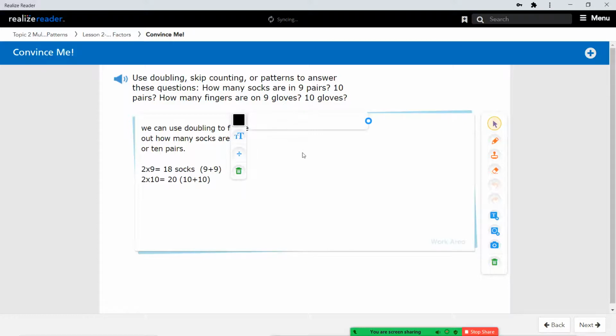So if we're going to skip count with the gloves, we know there are 5 fingers on each glove. That's our missing piece of information that we already know.